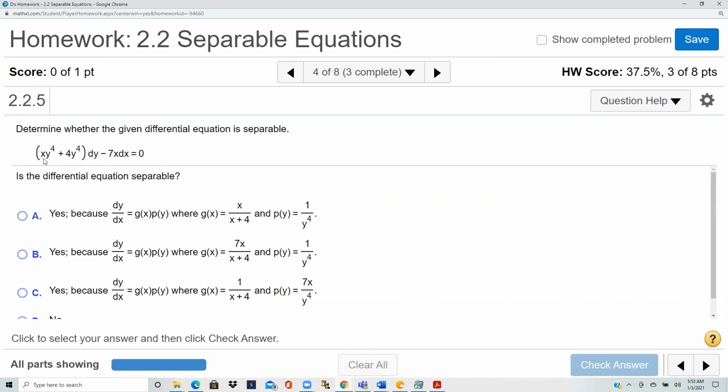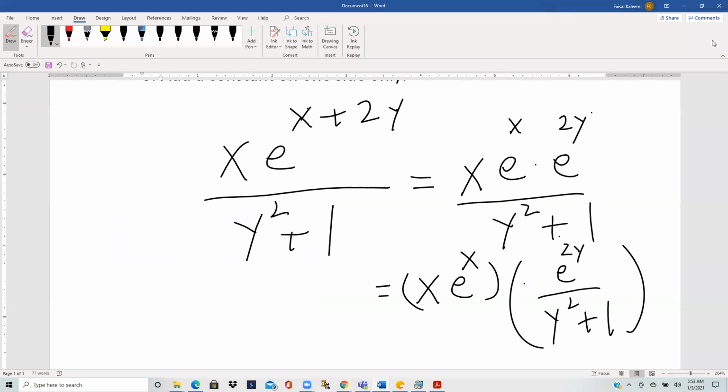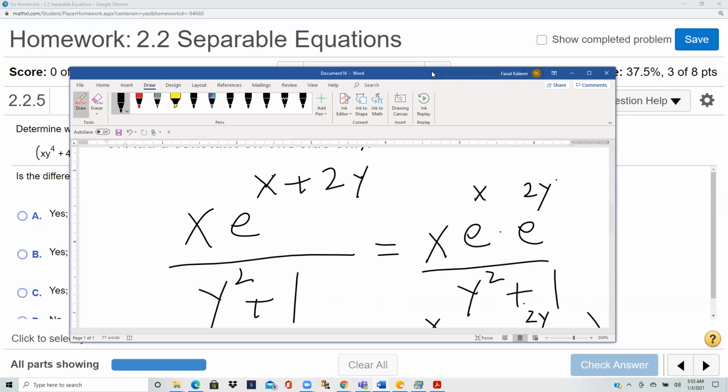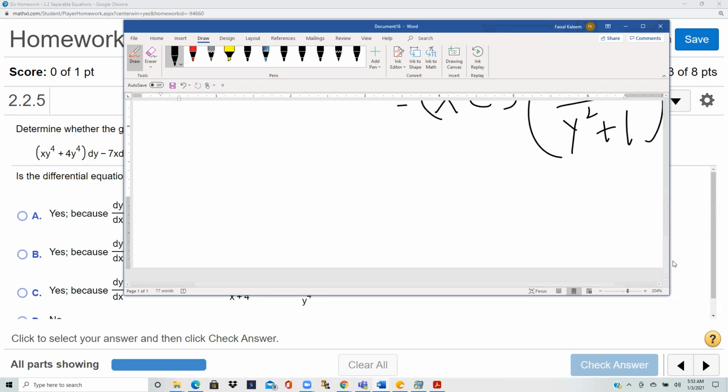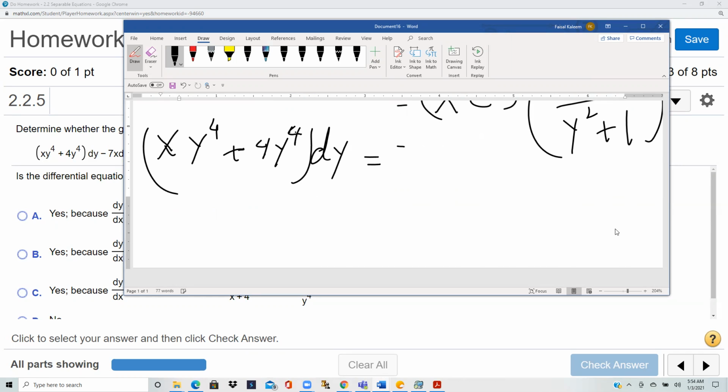So I have x y to the 4 plus 4 y to the 4 times dy is equal to 7x dx.